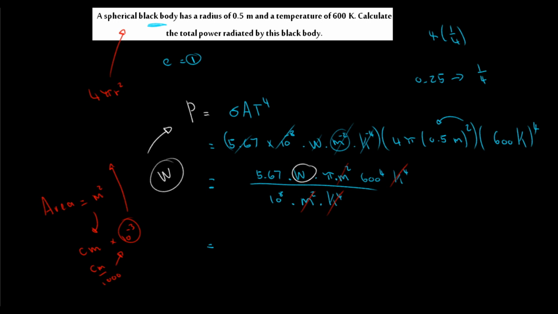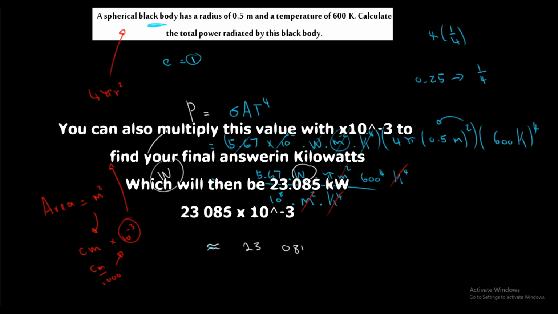And 600 raised to the fourth. And I'm going to divide this by 10 to the 8th power. So I'm going to use my approximate value. So I get approximately 23,085.4 watt. I guess we can just write 23,085 watt.